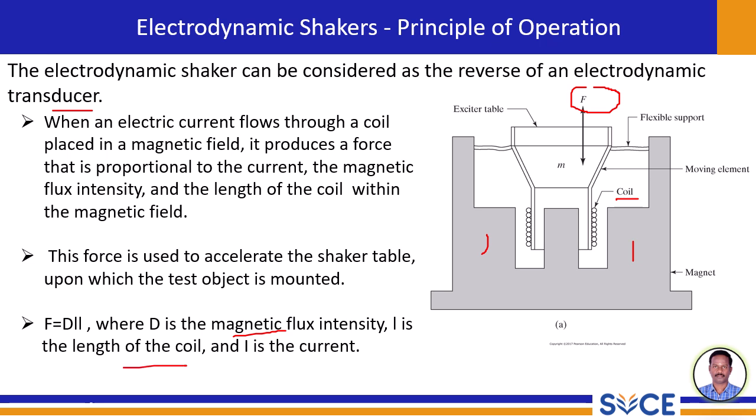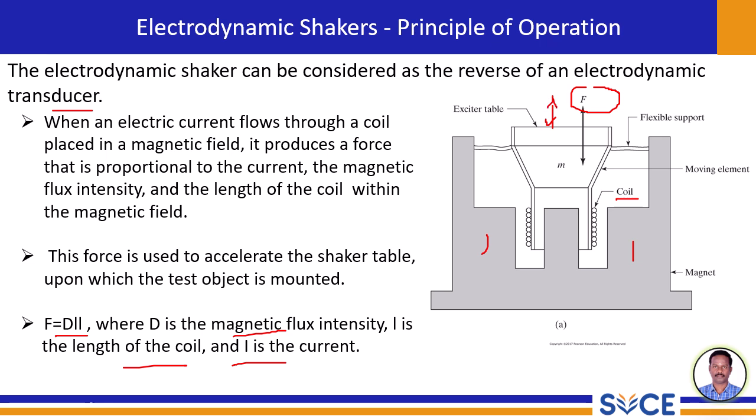This generated force is then utilized to accelerate the shaker table. This table is the platform upon which the test object is securely mounted. By controlling the electric current flowing through the coil, we gain precise control over the force applied to the table, and consequently the vibrations transmitted to the test specimen.